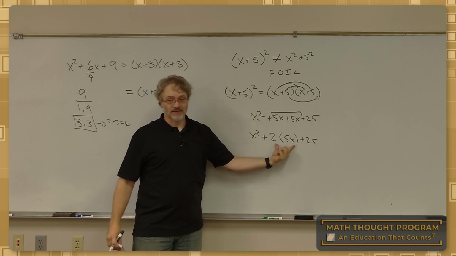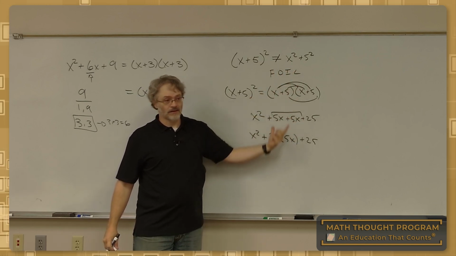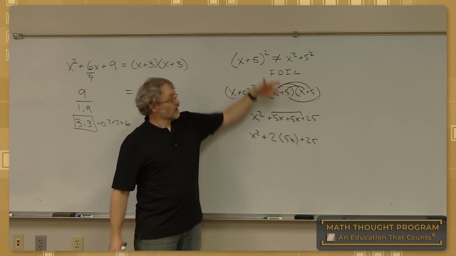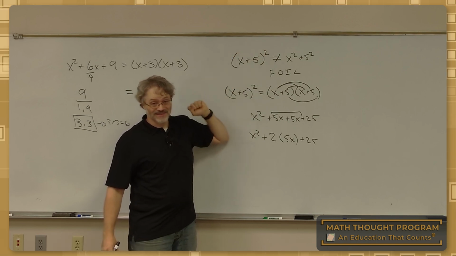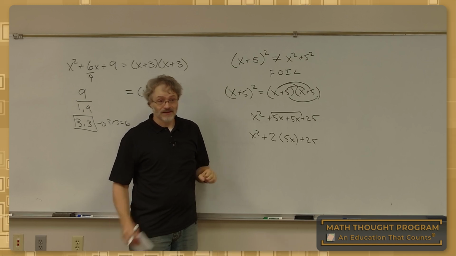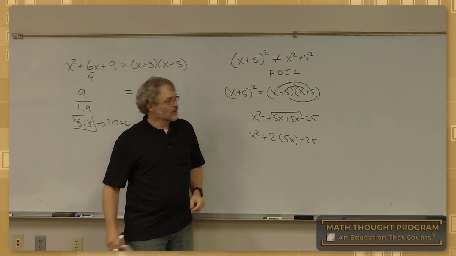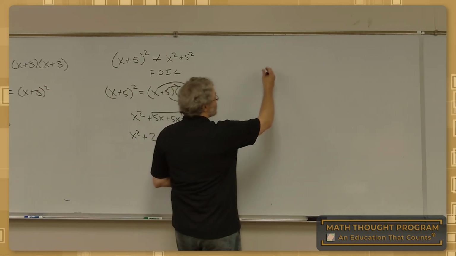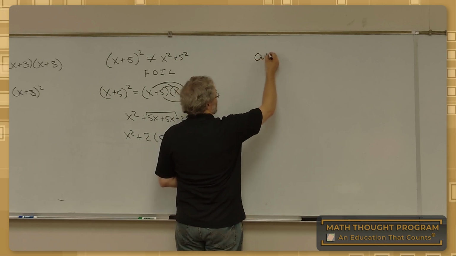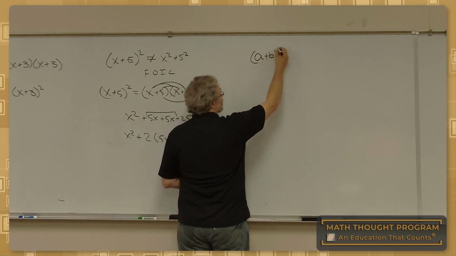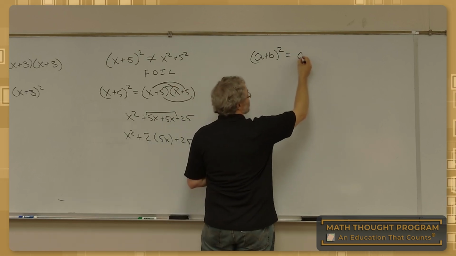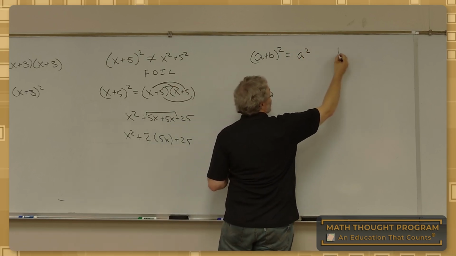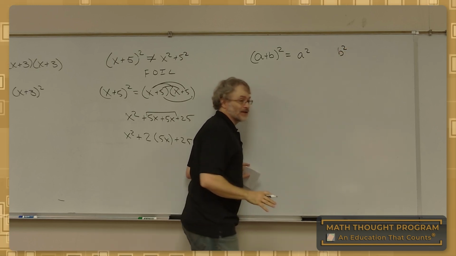Look what's missing. So if I have something that's squared, I just can't put the square on the terms. That's not permitted. I need to actually expand out. In general, what happens here is if I have a plus b all squared, this is going to correspond to a squared, and you will pick up a b squared.